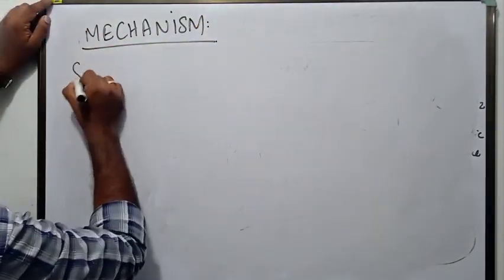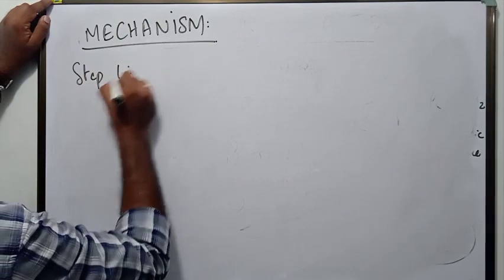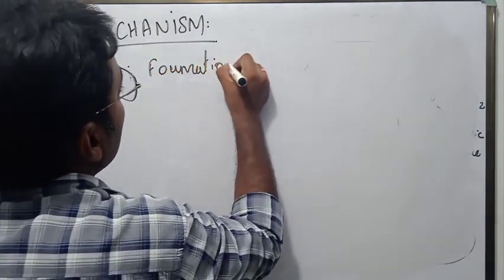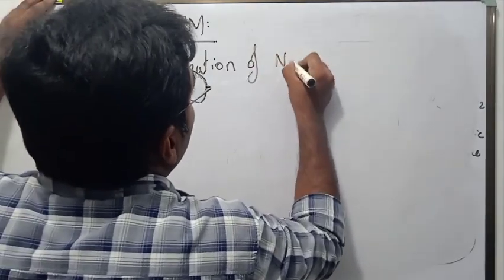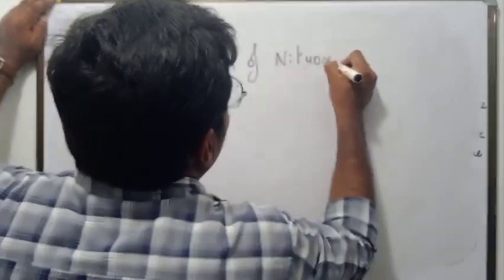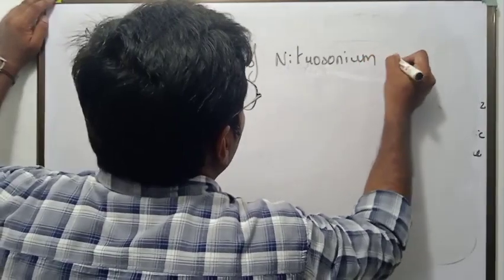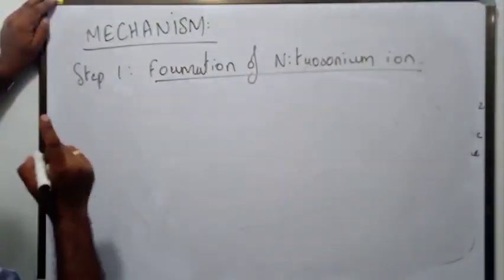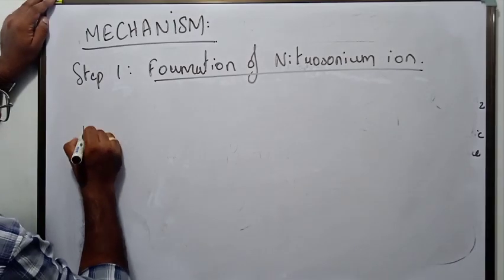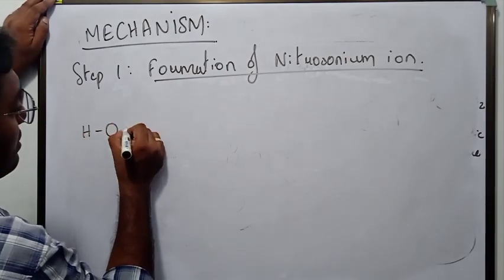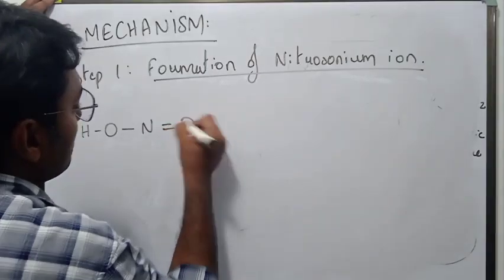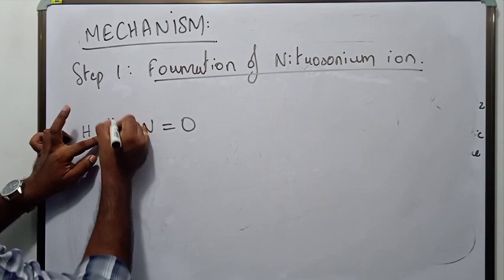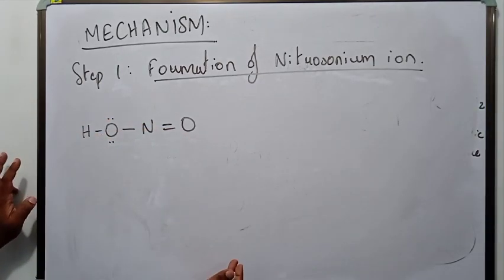Step number 1 is the formation of the nitrosonium ion. For this, we will take nitrous acid. This is nitrous acid. This oxygen actually has 2 lone pairs of electrons. I am writing the 2 lone pairs of electrons here.